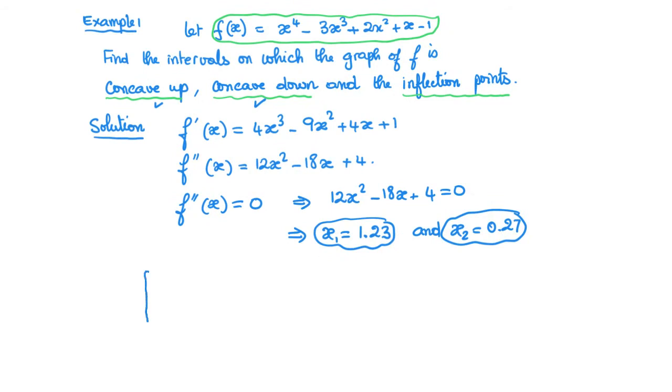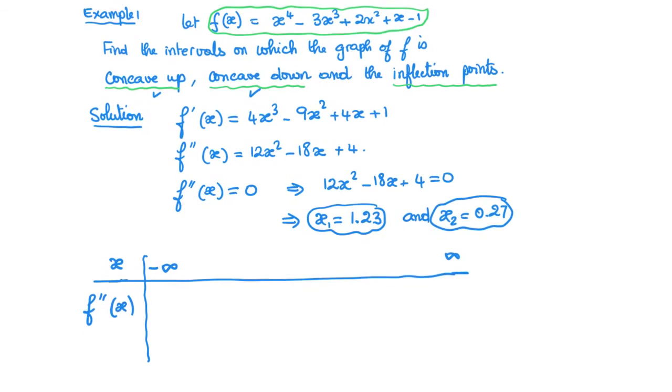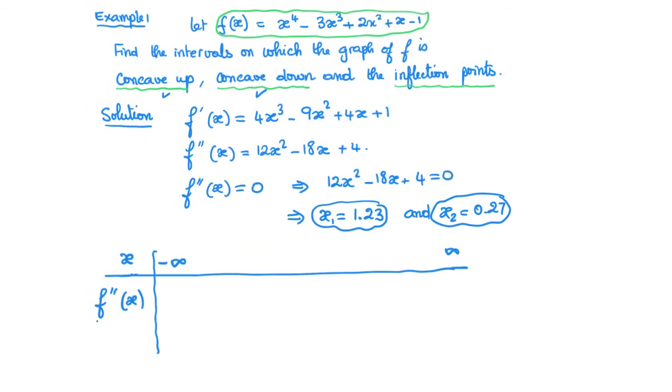So what I will do then is make a small table like this, where I put the domain of the function, which is from minus infinity to infinity, and then I will put the second derivative here, and then I will put the function f here.